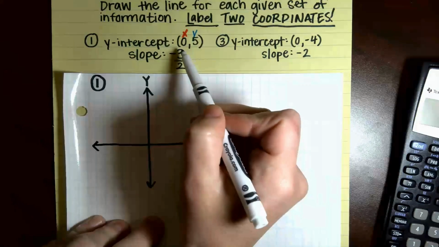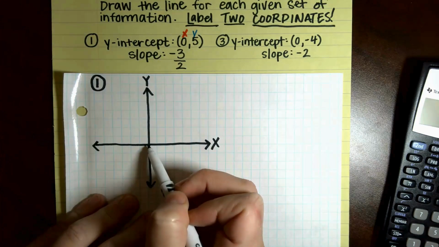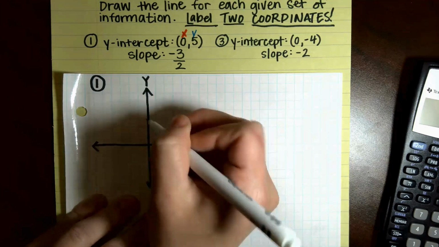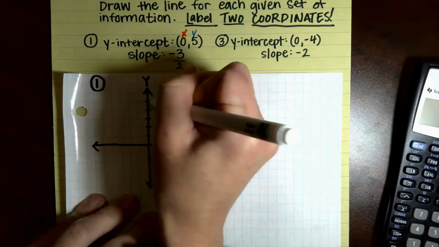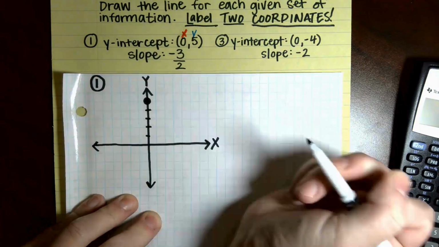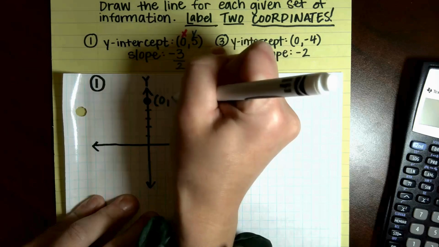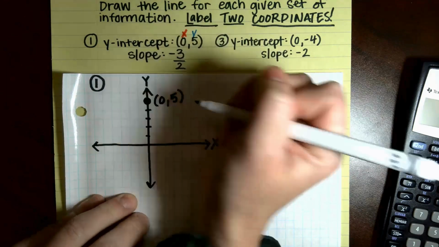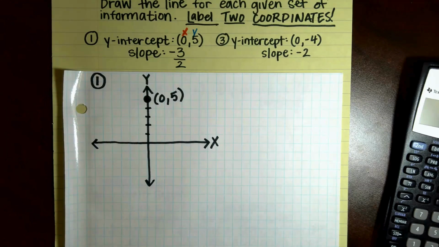So if our first point is (0, 5), we'll start here at 0, and we're going to go up 5. Perfect. So I'll count 1, 2, 3, 4, 5. There is my first point, and I'm going to go ahead and label that (0, 5). Okay, perfect. Did everybody get that far?